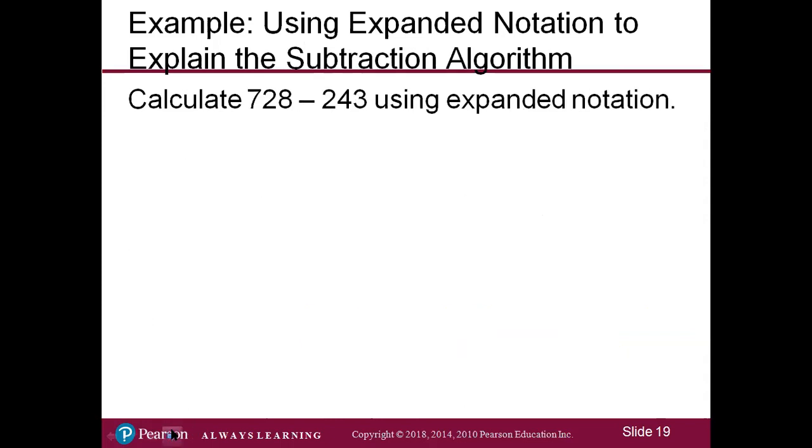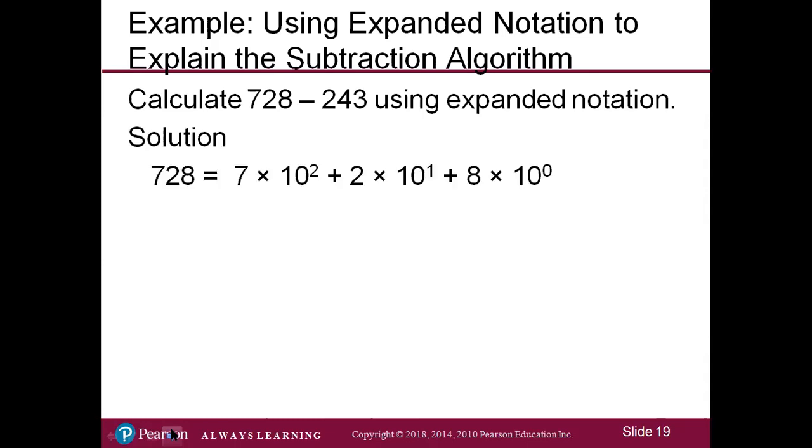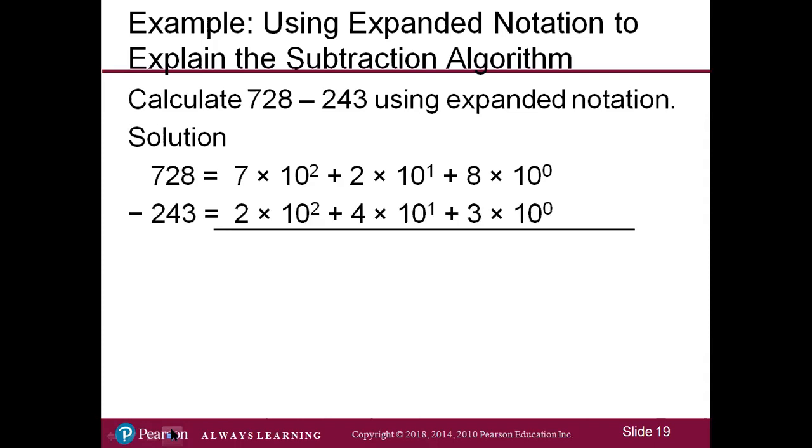Now calculate 728, take away 243 using expanded notation. The solution is to expand the 728 and to expand the 243 and to subtract. Well, now definitely you want to start in the lowest place value and work your way to the left.